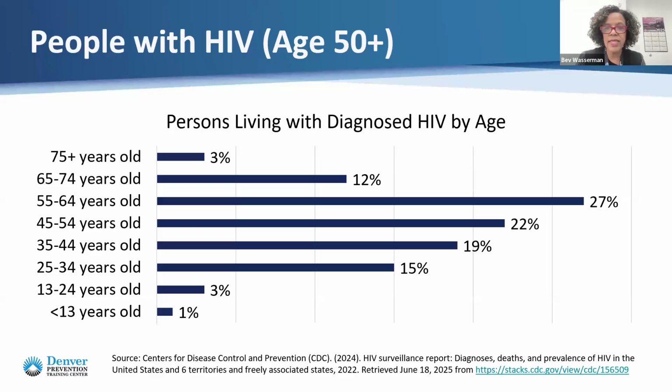So, as you see this graph, in 2022, most people with HIV were over the age of 50. That's 53.7%. And CDC projects that by 2030, over 70% of people with HIV will be over age 50. People with HIV over the age 50 are likely to experience unstable housing conditions.